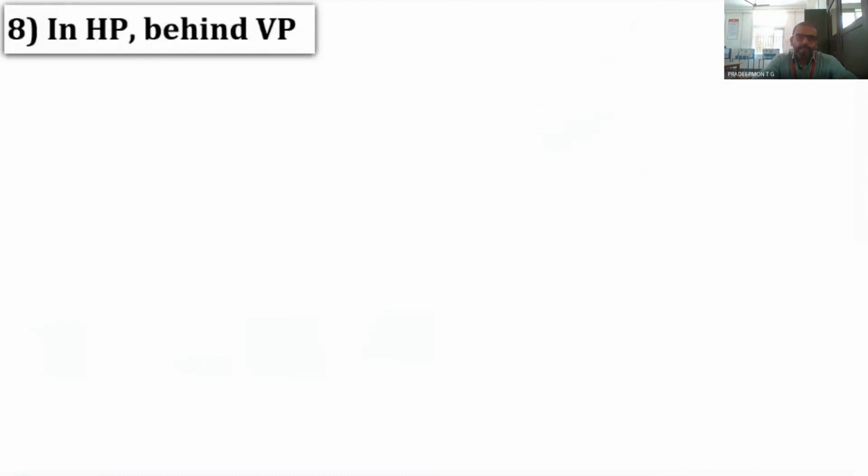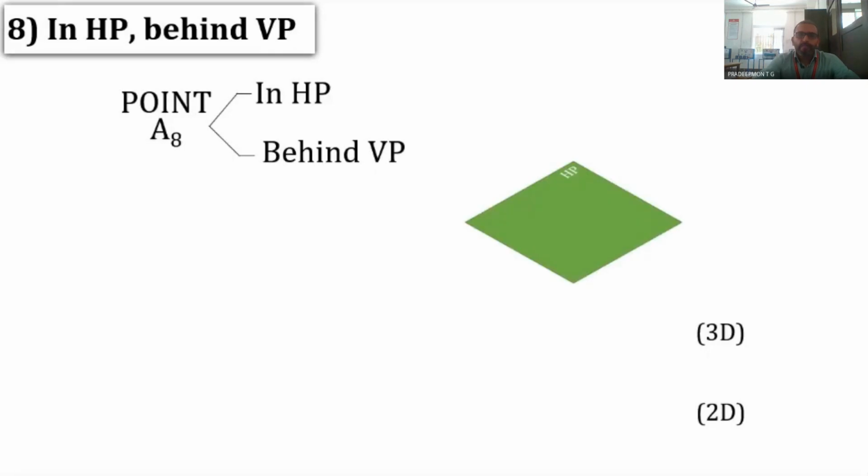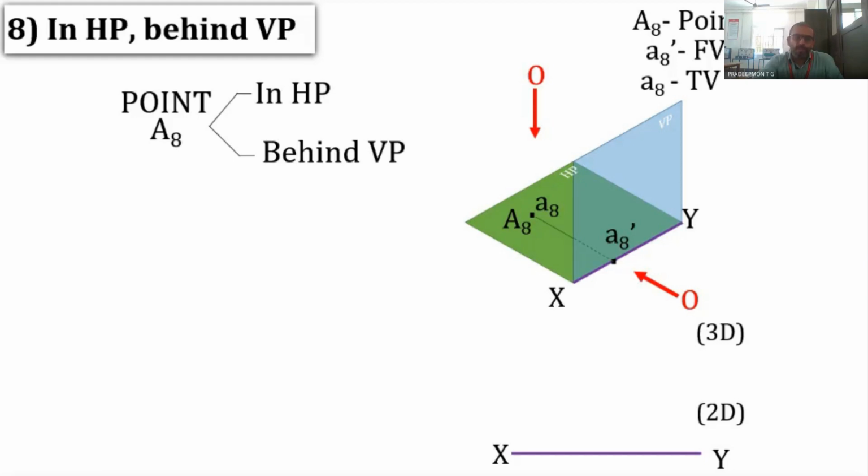And the 8th condition, that is the point is in HP and behind the VP. So the shape will be reversed. So HP, XY line, then A8. A8 is behind VP and is in HP. So the observer looking to get the front view, the front view will be obtained in the XY line itself, and the top view will be coinciding with the actual point.